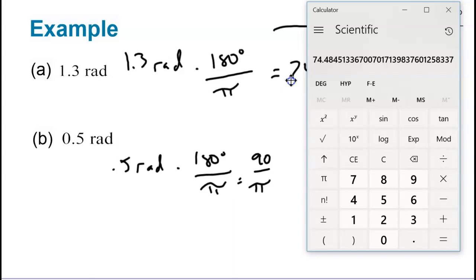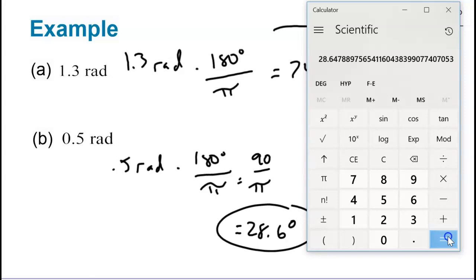So that saves us at least some calculation. And we'll say 90 divided by pi, and we get about 28.6 degrees. Okay, and that's how to convert between radians and degrees.